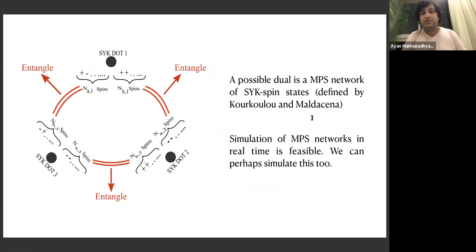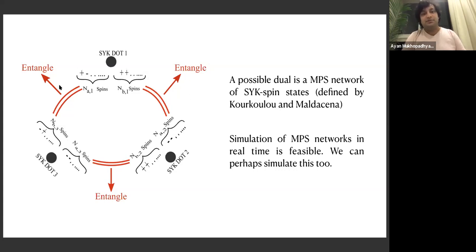You can go and read the paper for how exactly it can be done. And what you can do is bipartition these spins, exactly like you are bipartitioning the geometry into 2 pants. And then you can take these nearest neighbors and entangle them maximally in whatever ways.